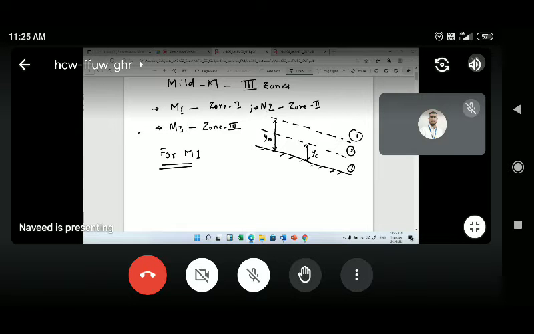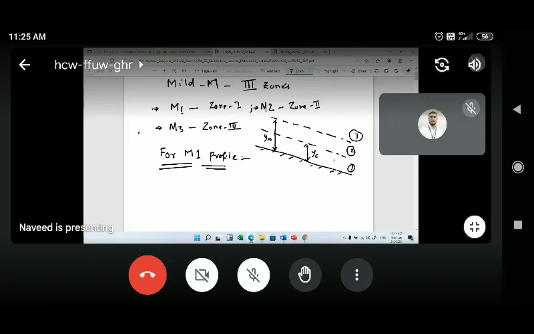So for the M1 zone, that is the first zone, the value of y is in the M1 profile.